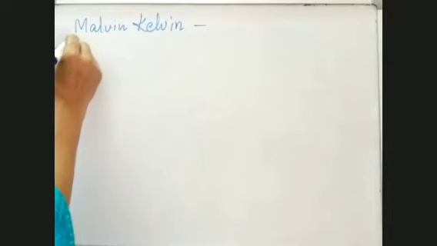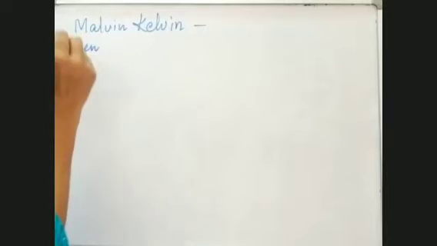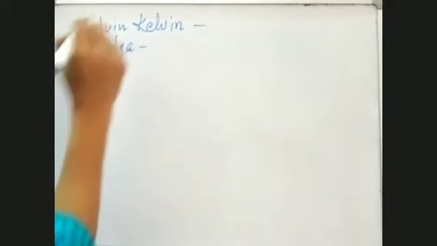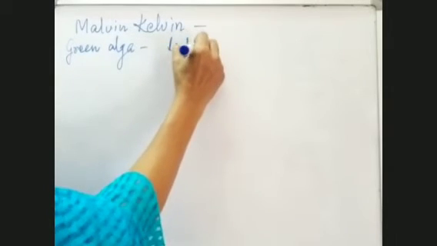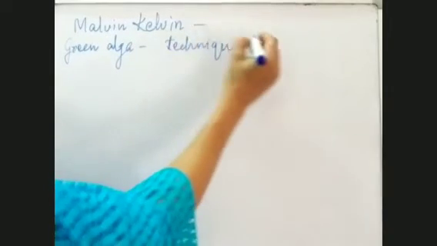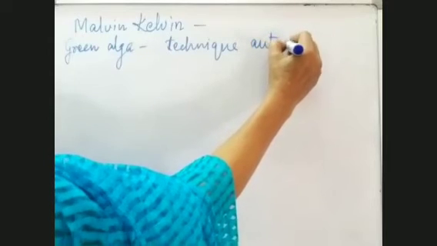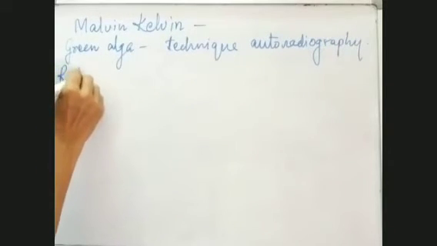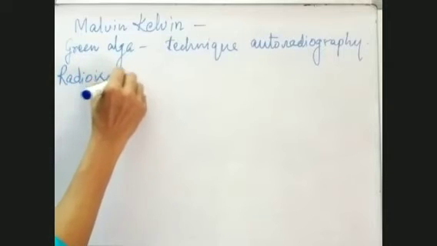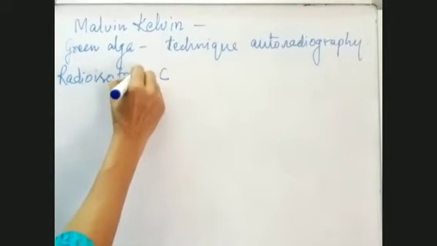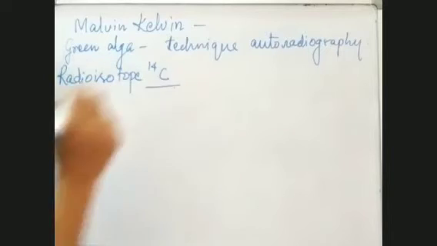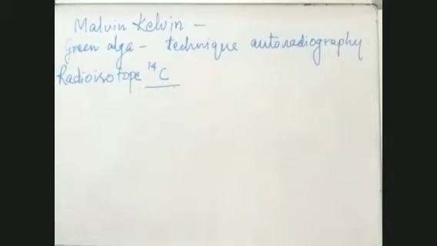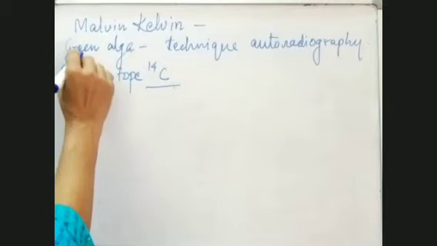He took green algae and grew them by a technique called autoradiography, using the radioisotope C14. This radioisotope he used to study the process of the dark reaction.